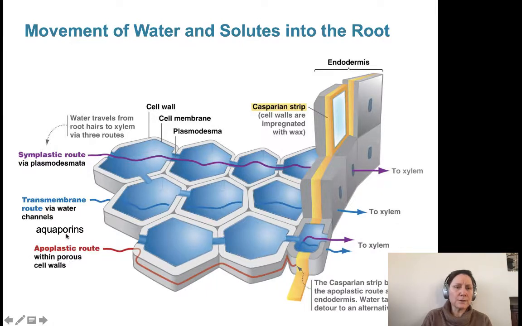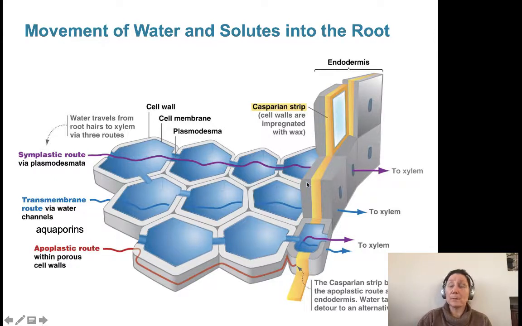The third route is the apoplastic route. It can, in fact, enter the cell wall itself and move through the cell wall until it eventually reaches the endodermis.